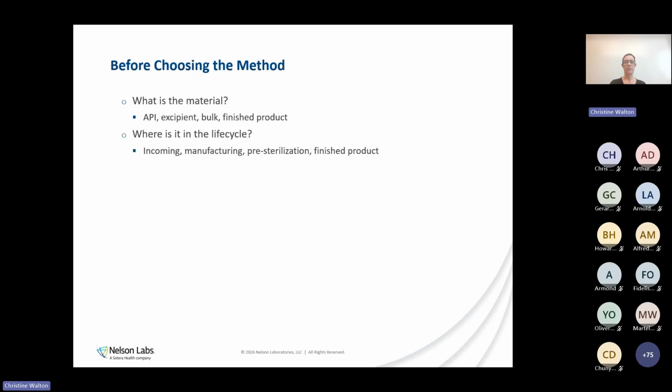That will feed into the next, which is where is it at in its life cycle? Each of these will have different components in its life cycle, even obviously the finished product, but even an API or an excipient. Knowing where it's at will again help us for the next, which is which microbiological questions should we be asking here? So do we just care about enumeration? Do I just need to know what my levels are at?